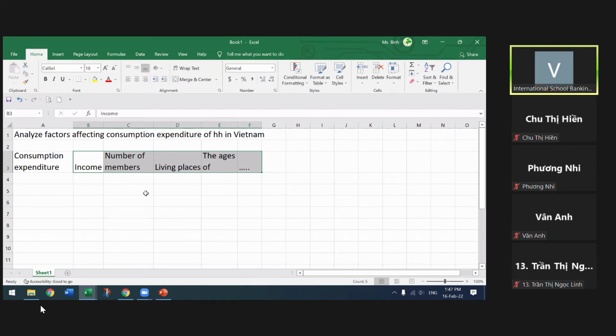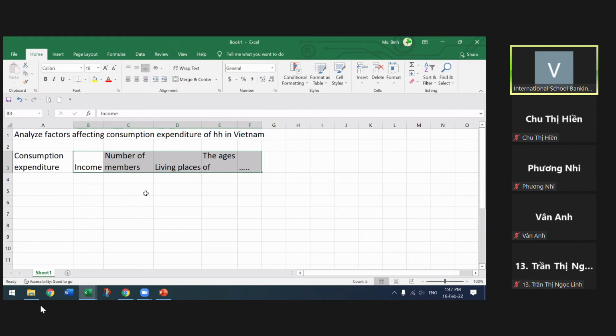Because most of the time in statistics or in econometrics, we have to collect the data from other sources. We cannot do the questionnaire. We cannot do the survey by ourselves. It is too difficult and it takes time and also finance. So we cannot cover, right?